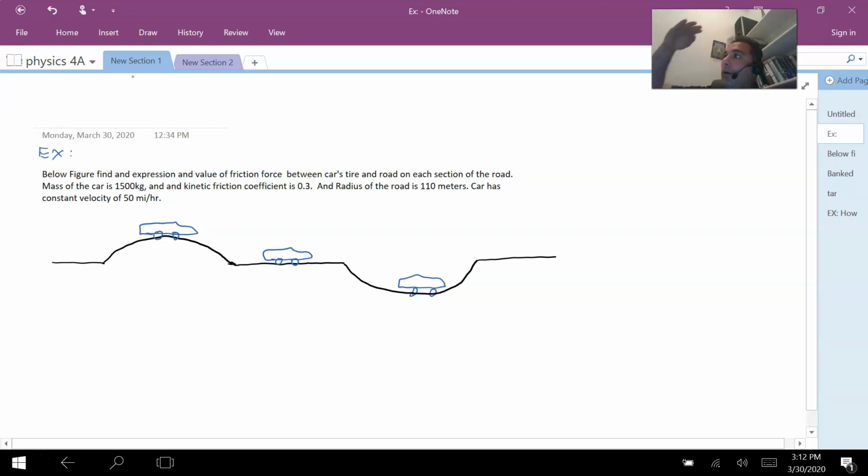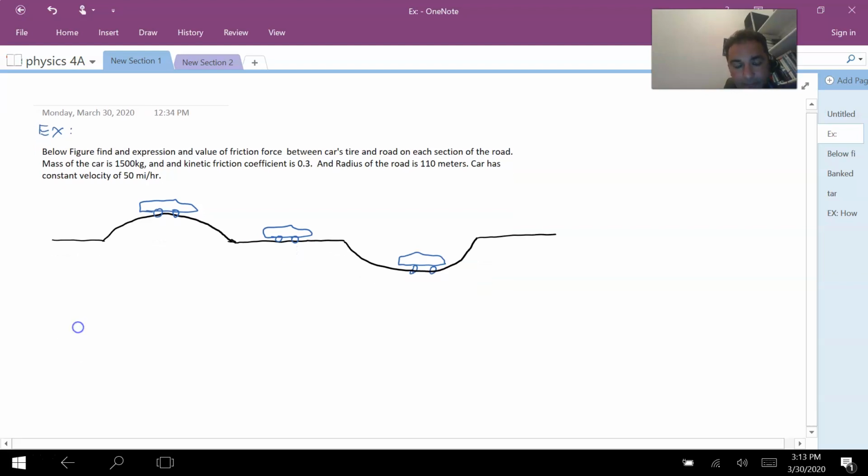They all go up the hill, then they go down the hill, and then they become flat. So we have many different shapes for the roads. So the question is, find the value for friction force. And the kinetic friction coefficient is 0.3.